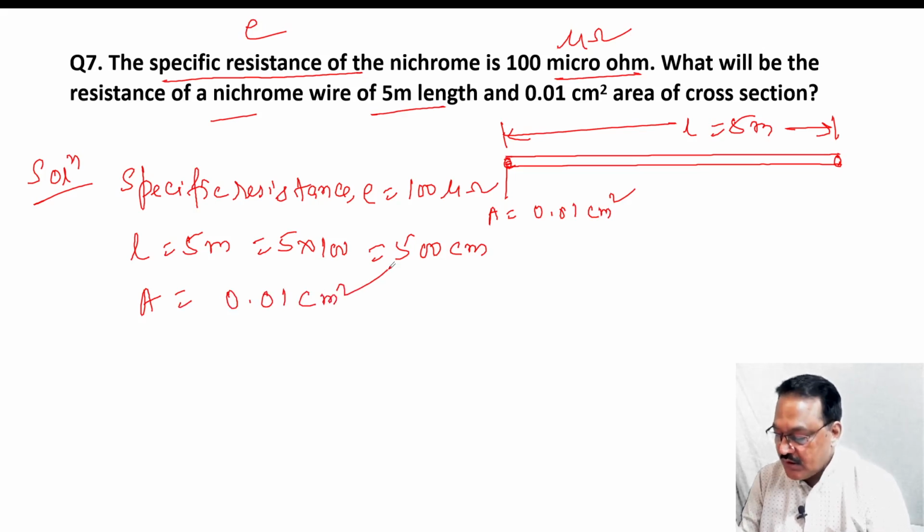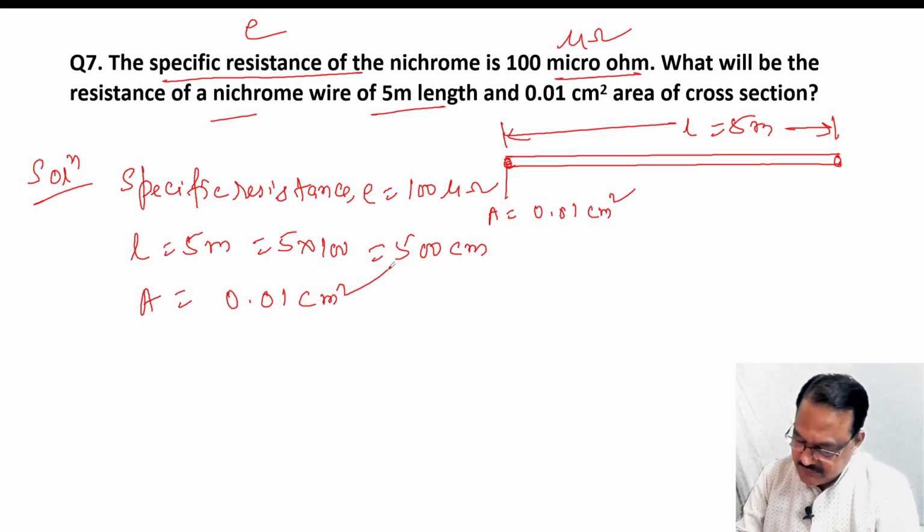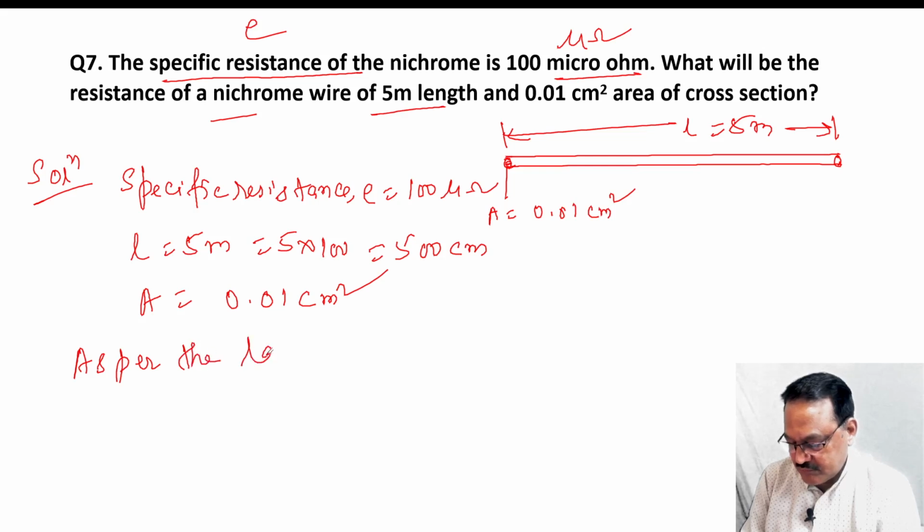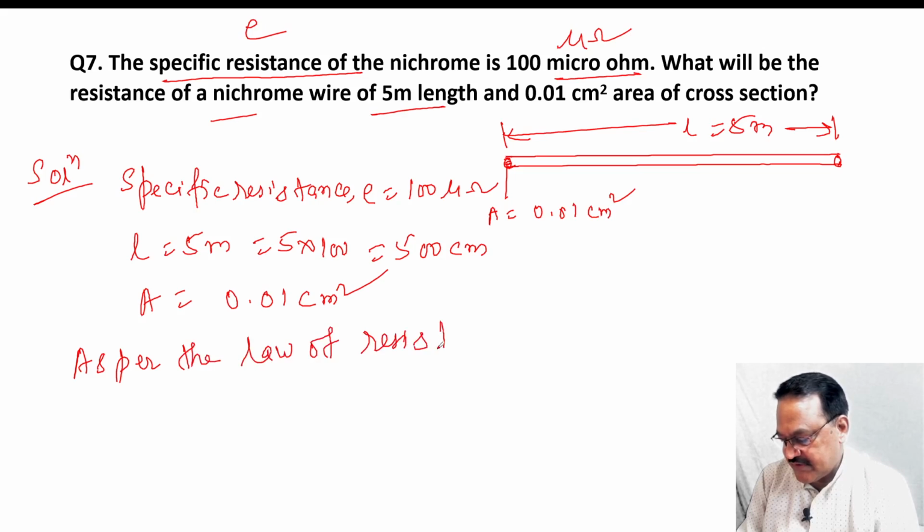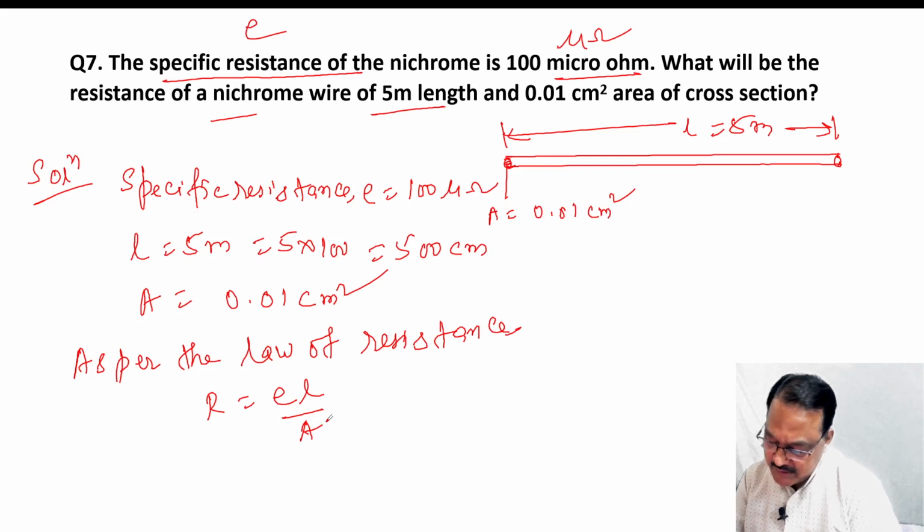Okay. Now as per the law of resistance, what is the basic formula? R is equal to rho L by A. Okay, we have to find out here the value of what?